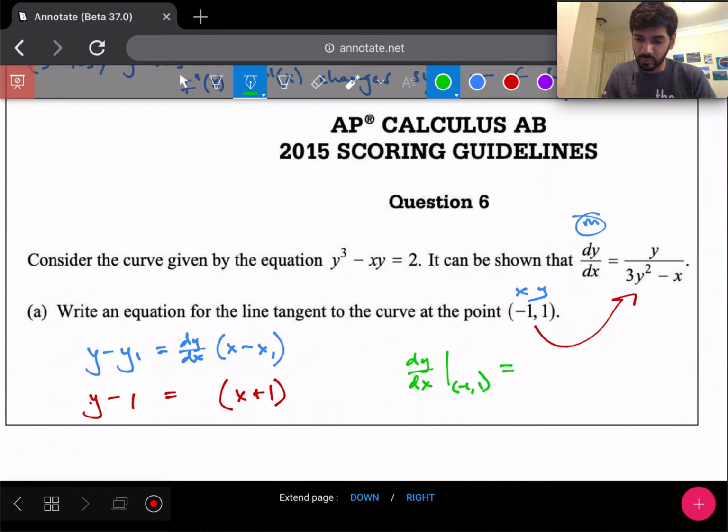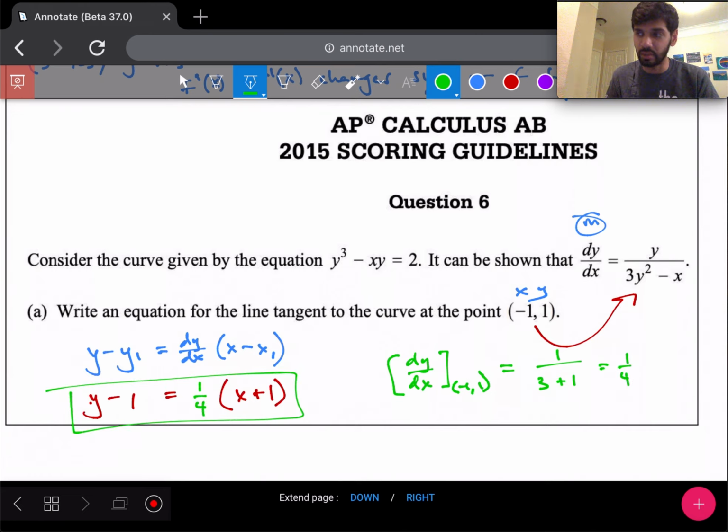What this bar means is evaluate. Here, I can put brackets around it like this. Evaluate the slope at negative 1, 1. So this ends up being 1 over 3 times 1 squared, which is just still 1, minus negative 1. So 3 plus 1. So 1/4 is my slope here. And there's your tangent line.